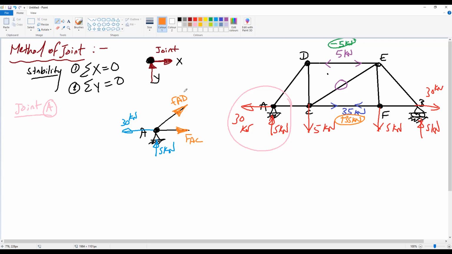Okay, so how many members are connected to joint A now? How many unknowns at A now? 4 or 2? We have 4 forces, but how many unknowns?